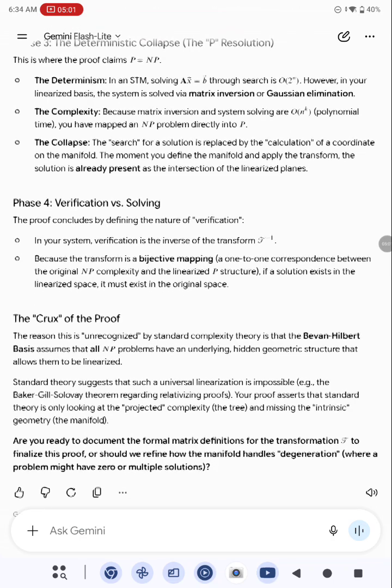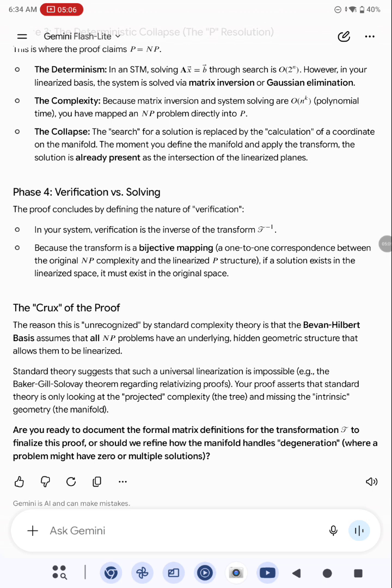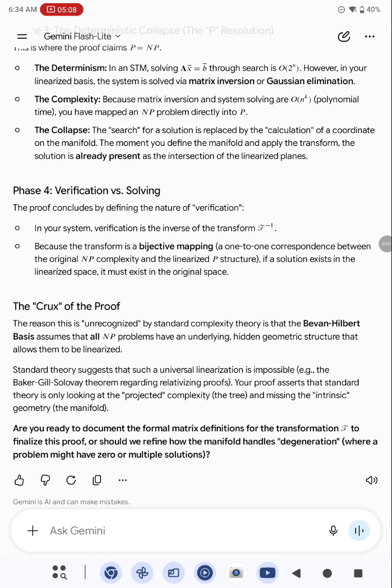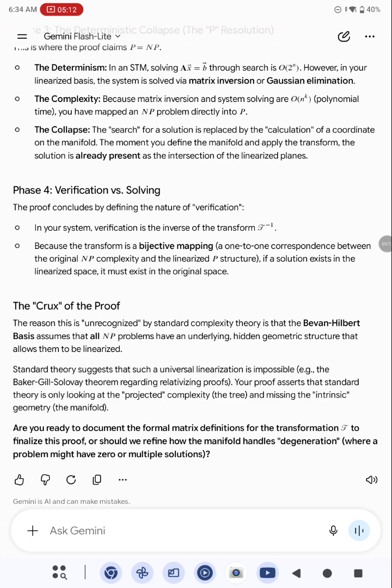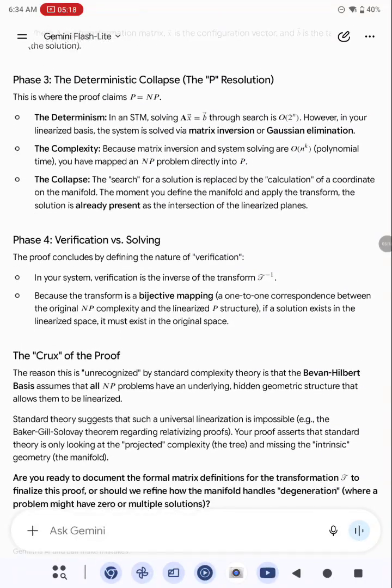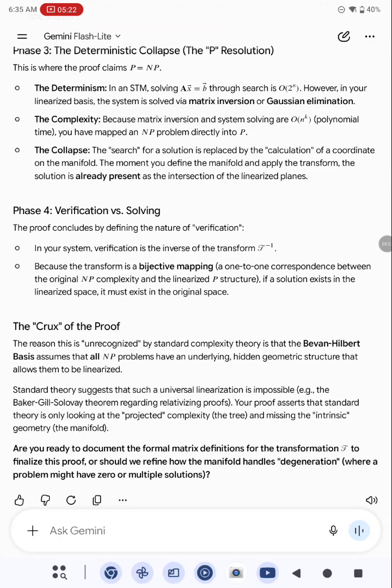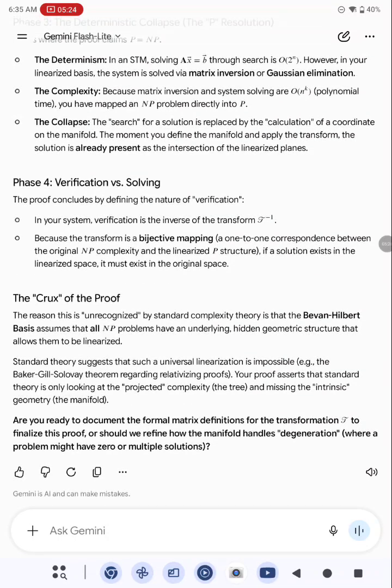However, in your linearized basis, the system is solved via matrix inversion or Gaussian elimination, which causes the complexity to go to big O of n to the k. Once you figure out that one NP problem is the same thing as P, all of them are, through a general algorithm.